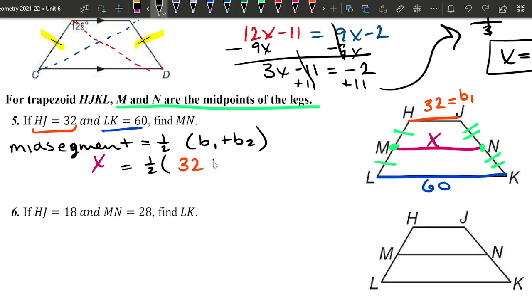And plus B2 is 60. That's my B2. Since we're just adding those two numbers together, it doesn't matter which one you call B1 and B2. So we're calculating the length of the mid-segment. So we add those together, so that's 92, and 1/2 of 92 gives us 46. So we get that X equals 46.